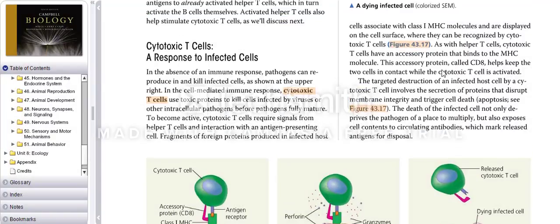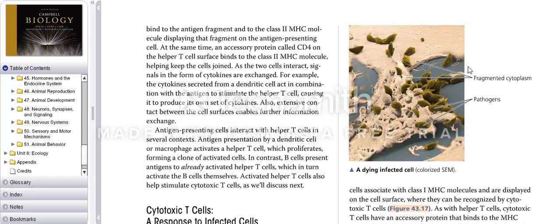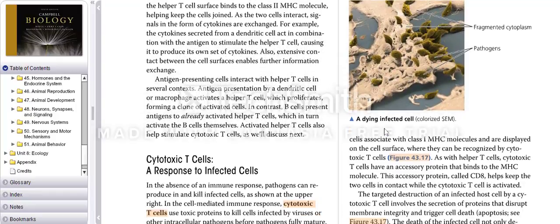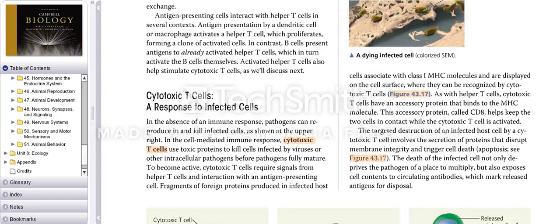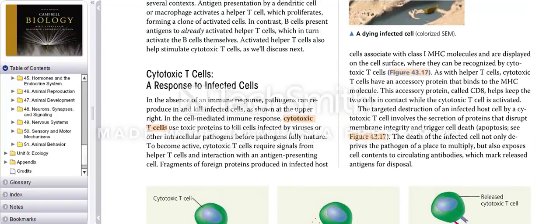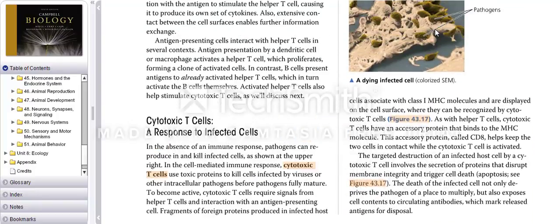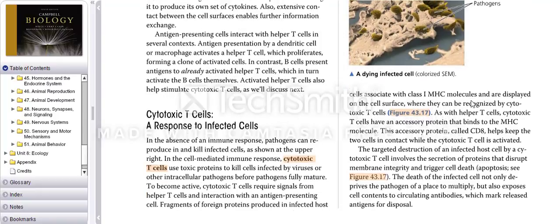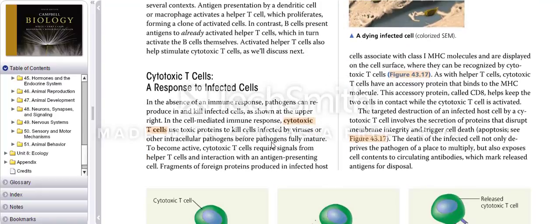So, the book shows you here's an infected cell with pathogens reproducing and coming out of the cell and using it as a good environment to reproduce. So cytotoxic T cells come in and kill the infected cells before the pathogens can mature.